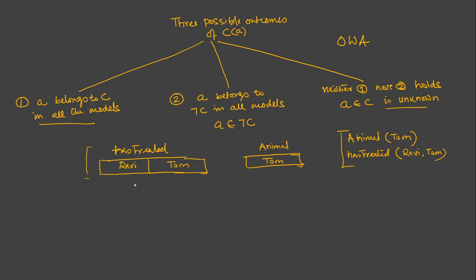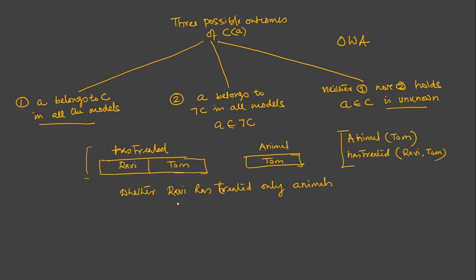Right. Now let us ask a query. The query is whether Ravi is a member of the class of all the individuals who have treated only animals. The question we are trying to ask is whether Ravi has treated only animals.